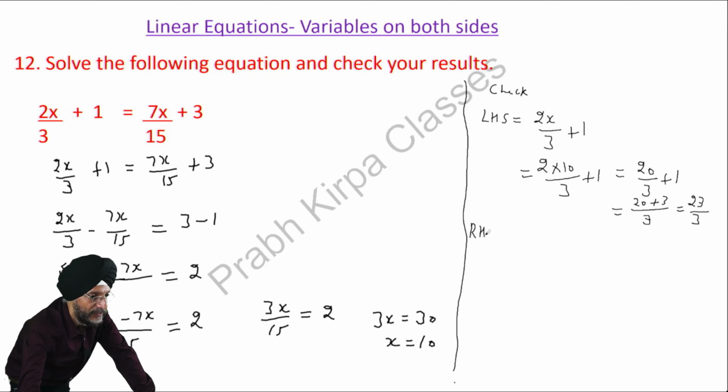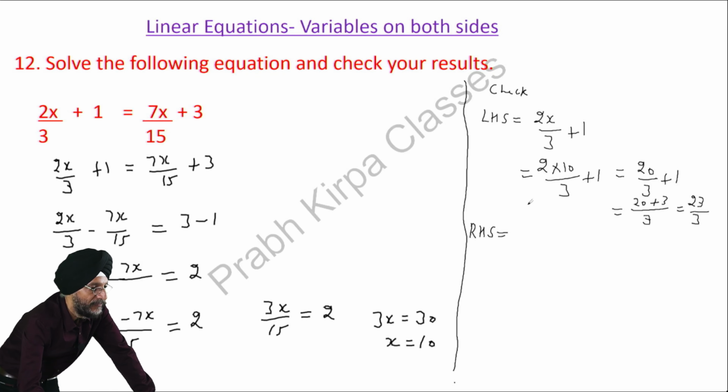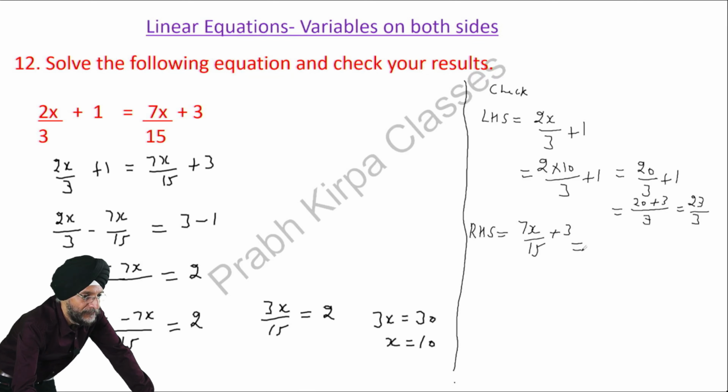Now take the right hand side expression. What is it? It is 7x over 15 plus 3. So let us fill in the value of x. What is the value of x? It is 10, so 7 into 10 divided by 15 plus 3.